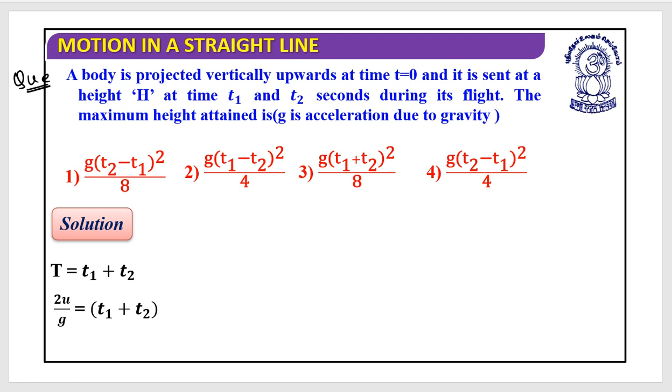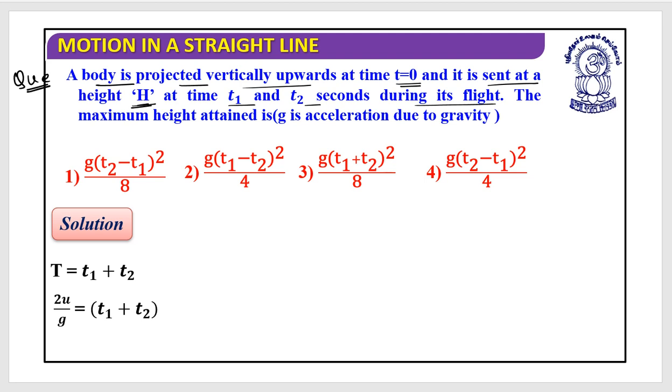Look at the data he has given. What he said is that a body is projected vertically upward at time t is equal to 0 and it is at a height h at times t1 and t2 seconds during its flight. That means it is at the same height at two different instants of its journey, and that height is given as h.